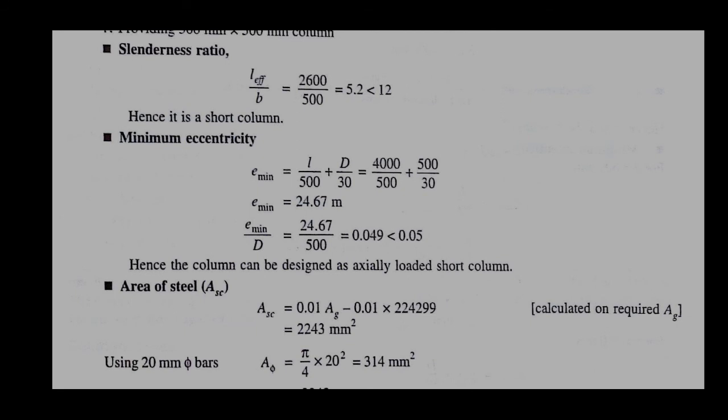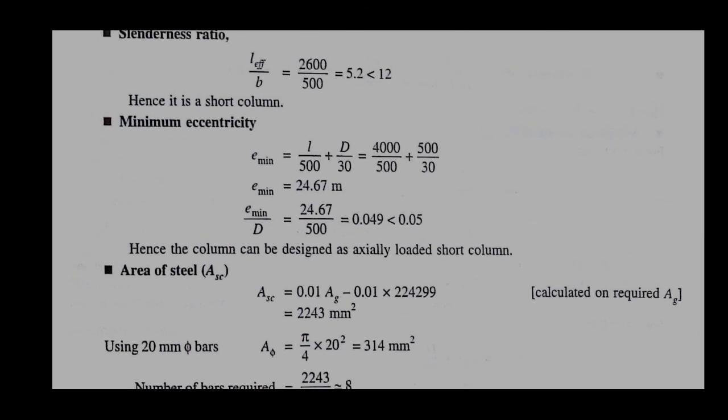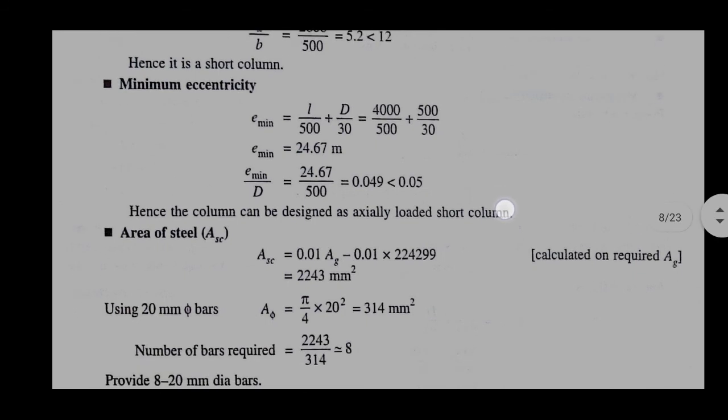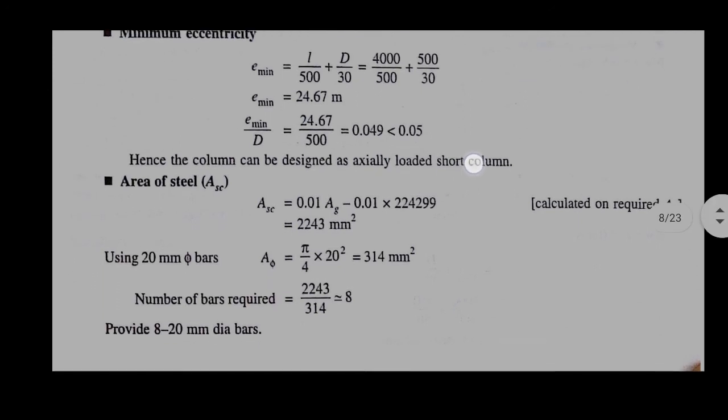So, ASC is equals to 2243 mm square. Now, using 20 mm dia bars, the cross sectional area of one bar is definitely pi by 4 into 20 square, that is equals to 314 mm square. Now, number of bars required is equals to area of steel by cross sectional area of one bar, that is equals to 8. So, we will provide 8 numbers of 20 mm dia bars.